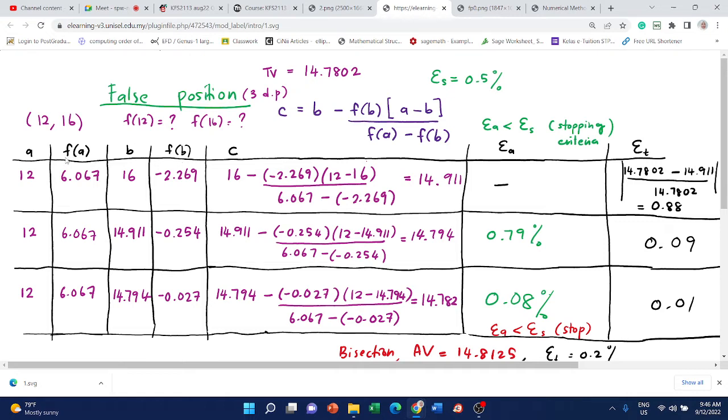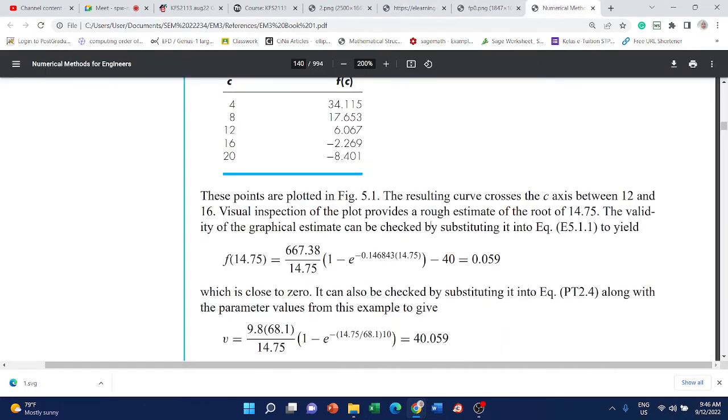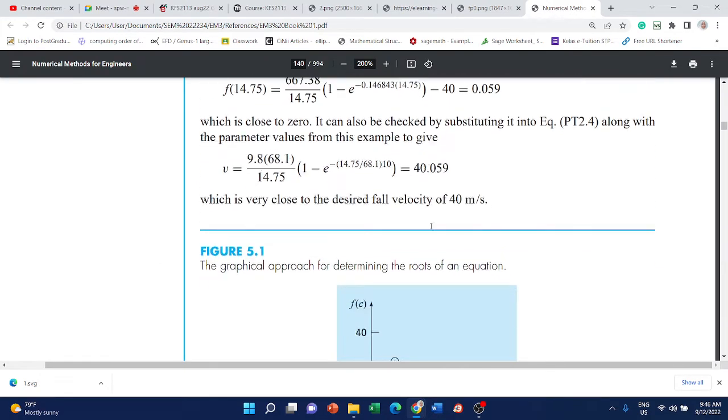That means, what is your function output when your input is 12, and what is your output when your input is 16. You are supposed to substitute into the function, so you just need to change your input C here to the number that we have here.